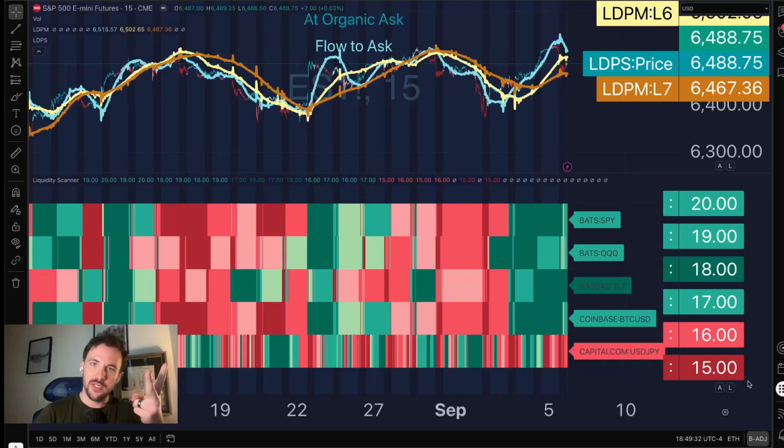But then the second way that we can use a market-wide liquidity scanner is by setting up our own baskets of stocks that we can then track to see if there are any patterns of liquidity that pop up as we're watching the liquidity move between these individual baskets or within the baskets. We can also monitor to see if there's liquidity rotation throughout the market.